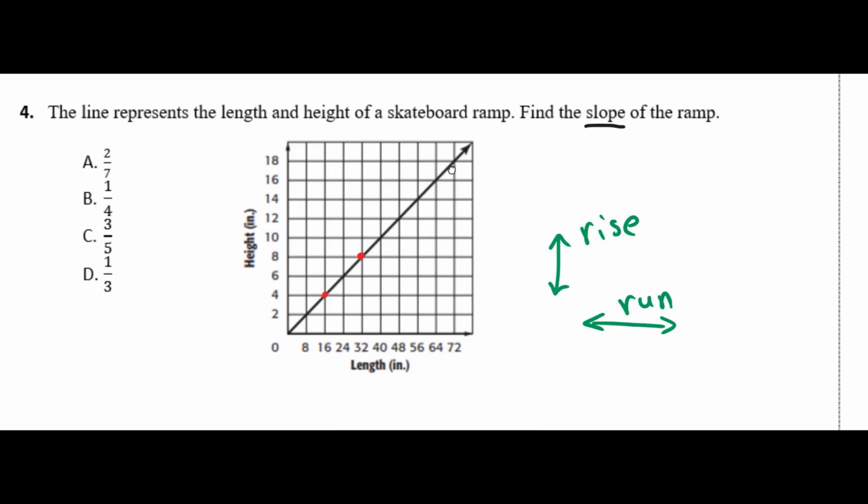For example, to reach from this point to this point, how can we go? We can't go direct. Then what should we do? We can go up like this and go right like this. Now, where is the rise here? If you count here, this is up, this is rise, and this is run.